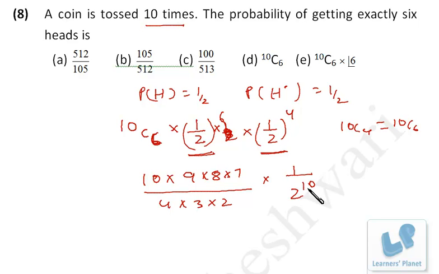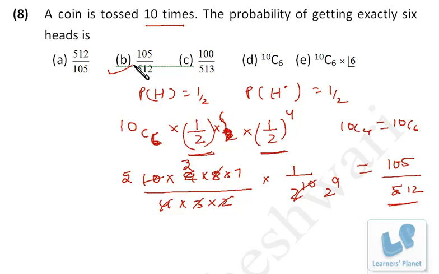Now we have to simplify that. So that's 7 threes are 21, into 5, 105, by 2 raised to 9 is 512, right? So it's 105 by 512.